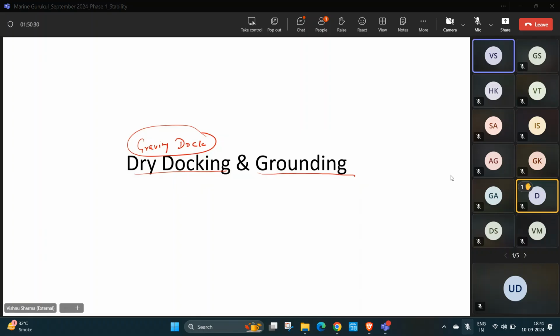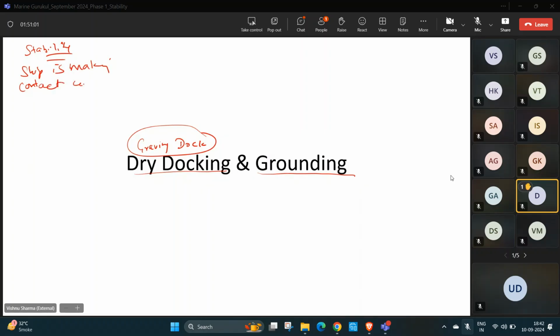So dry docking and grounding are technically, from a stability perspective, identical or similar occurrences. As far as stability is concerned, both are identical. Why? Because in both cases the ship is making contact with the bottom.